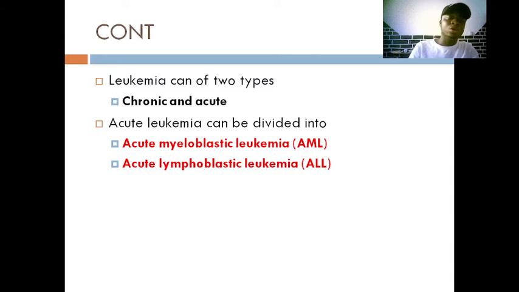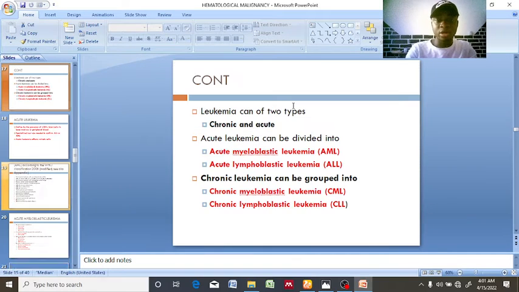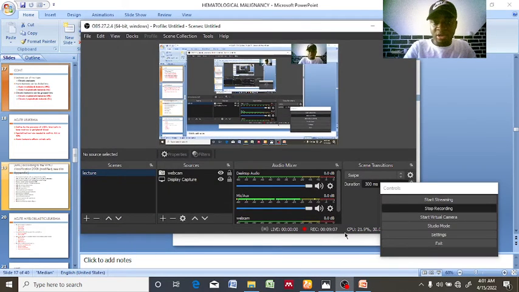So what I'm trying to say is that acute leukemia can further be divided into acute myeloid leukemia, or myeloblastic leukemia, and acute lymphoblastic leukemia, which is very, very important.